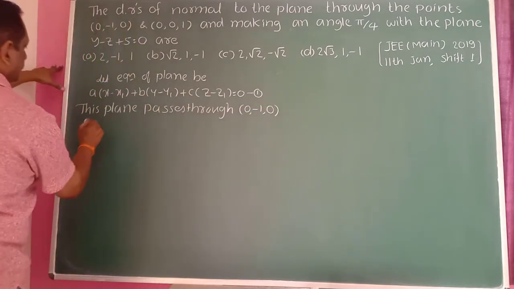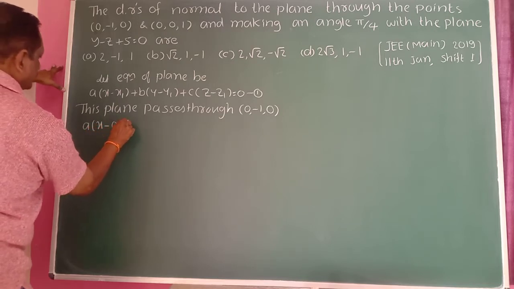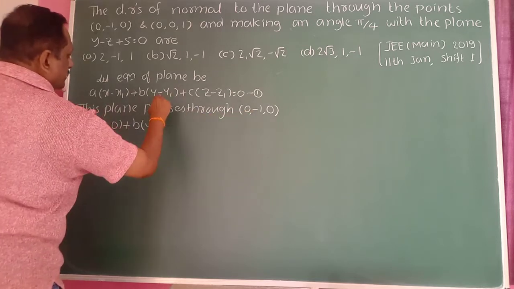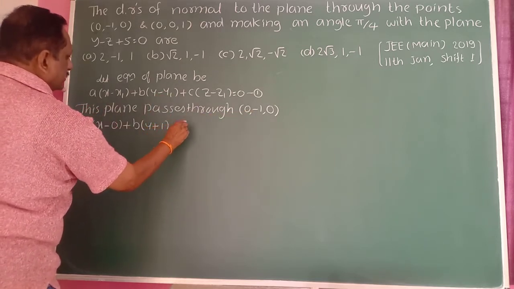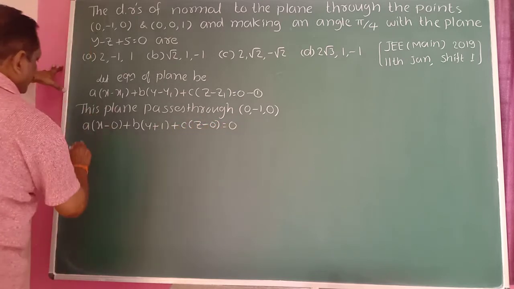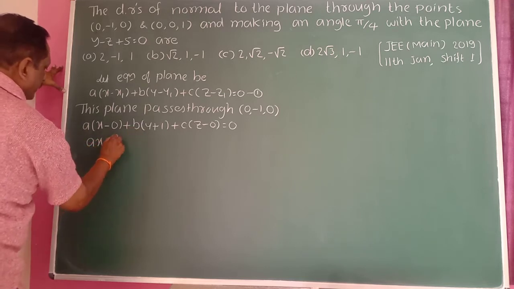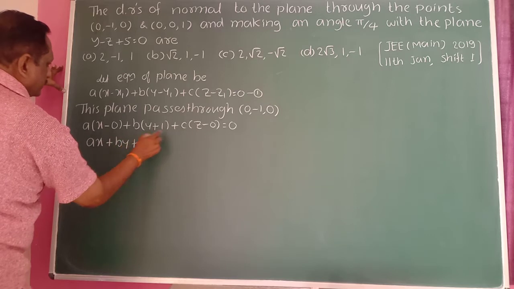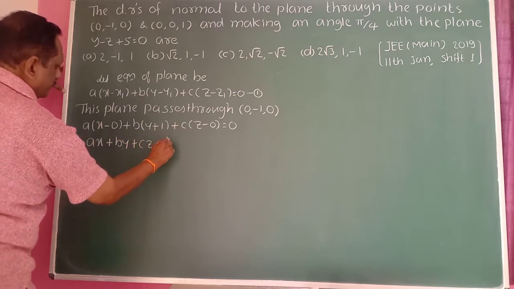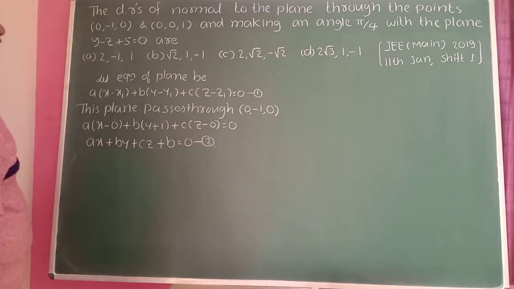So substitute here: a into (x minus 0) plus b into (y minus of -1), minus of minus becomes plus 1, plus c into (z minus 0) is equal to 0. A into x becomes ax, plus b into y becomes by, plus c into z is cz, and b into 1 becomes plus b. That is equal to 0. Take this as equation number 2.